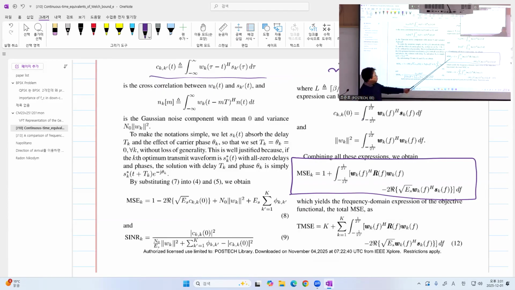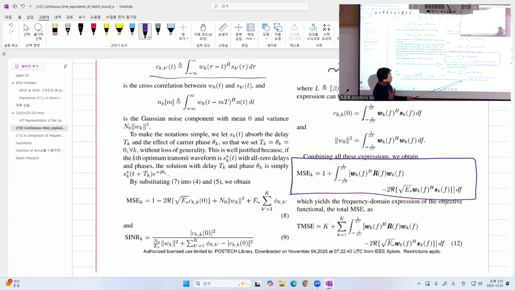So this is actually exactly the same as the 2004 paper because all the other interference is here already, including the desired signal component. So the total mean squared error is just the summation of this for all k. So instead of 1, you have capital K, and you have the summation of this integral on the Nyquist zone.